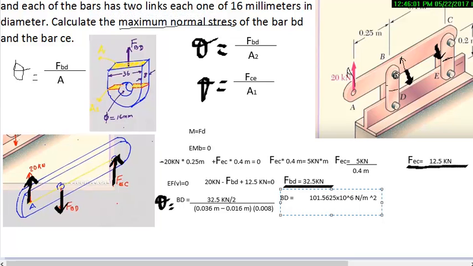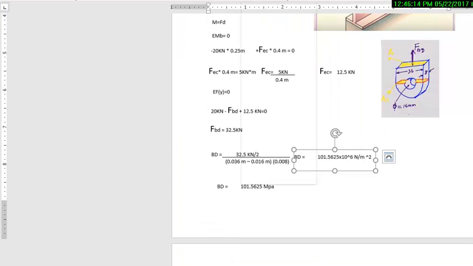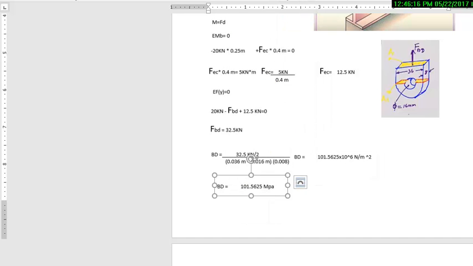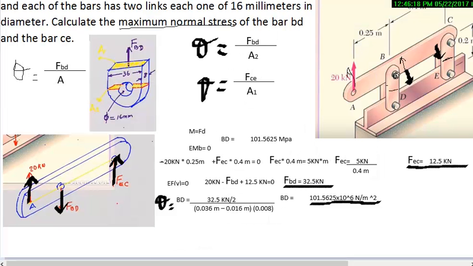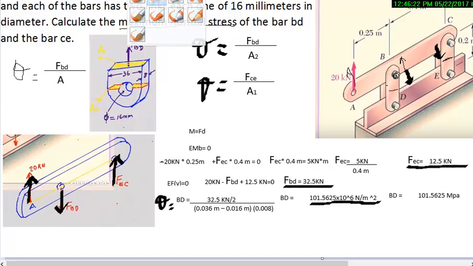This means that the stress in the section of BD is 16.25 kilonewtons over the area, which is about 150.62 megapascals in the BD bar, and its sign is positive.